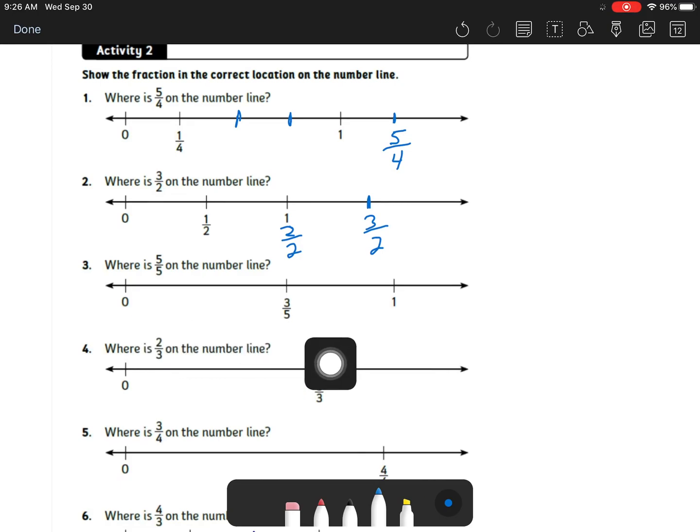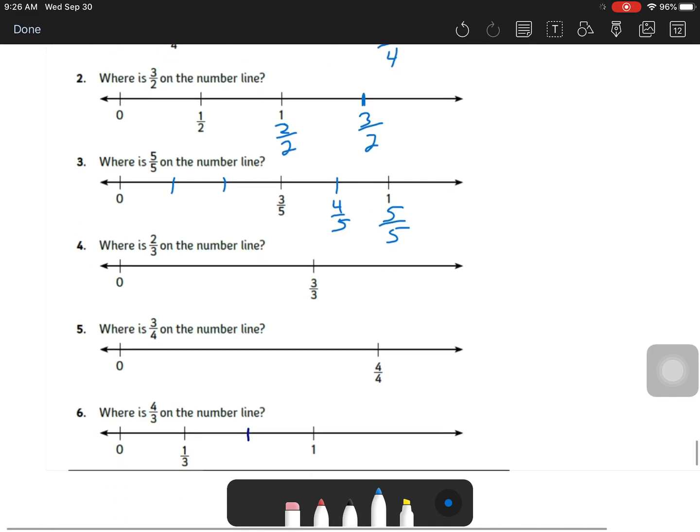I want 5/5. Okay. Well, they can only put one of the marks in here, but there's going to be 4 other ones, right? So we'd have 1/5, 2/5, 3/5, 4/5. Now, I probably don't need to do that because we know that 5/5 is equal to 1, isn't it? So this is our 4/5, so 5/5 would be right there, right? You have the same top and bottom number, that's always your value of 1.